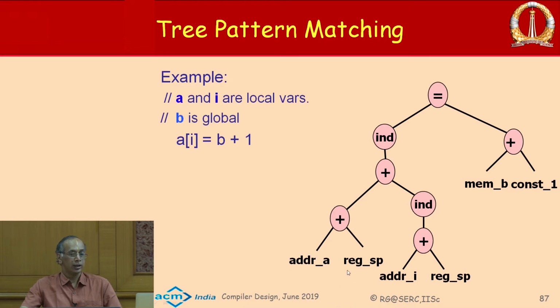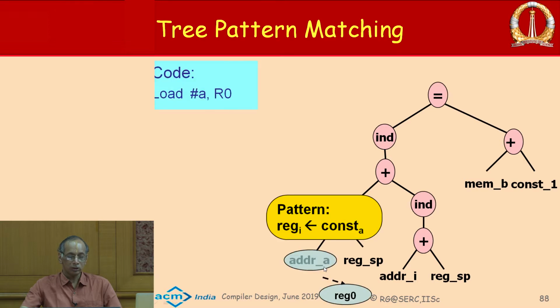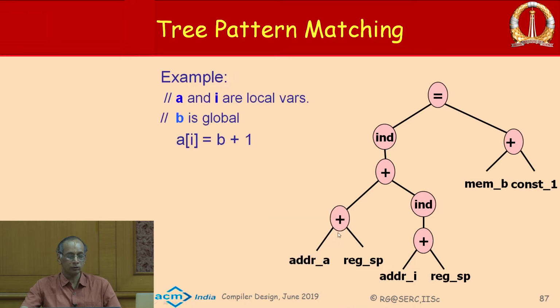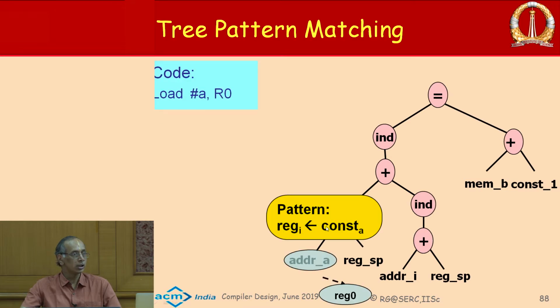So what I can do is move this small offset into a register. Remember the left hand side always has to be a register. So the pattern that I find here is a pattern which says constant A to register.